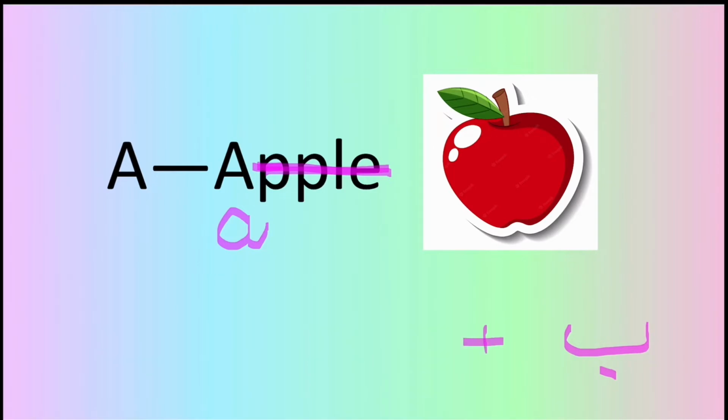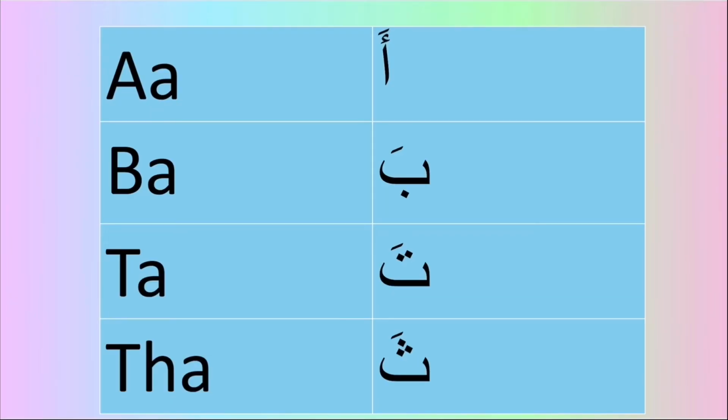If I add fatha to ba, I will get ba. When we put fatha above the letter alif, the pronunciation changes to a. When we put fatha above the letter ba, it changes to ba.